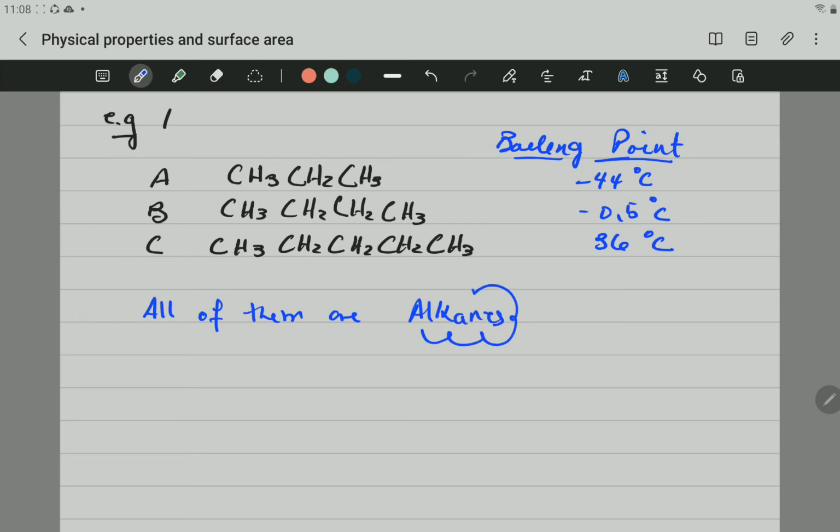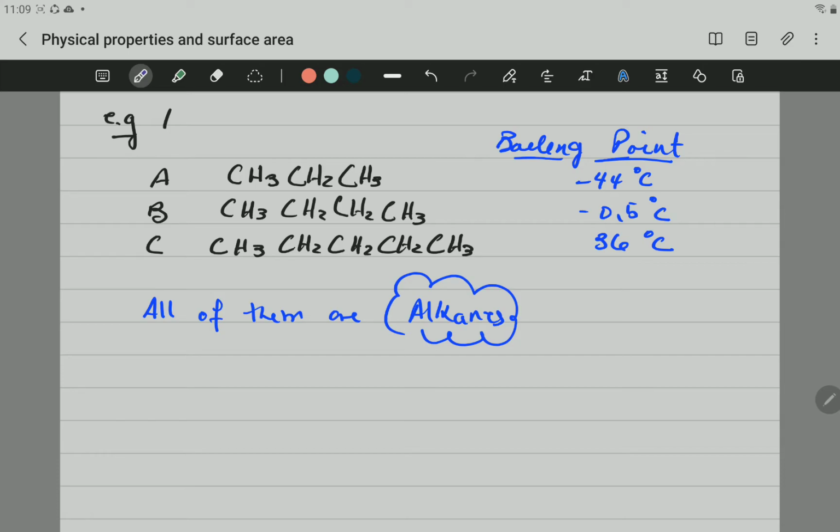So that is the first important thing: all of them must be from the same homology series. Now, as you move from compound A to B to C, you're making the chain longer, so the surface area increases. You can see here the boiling point on the right hand side also increases.